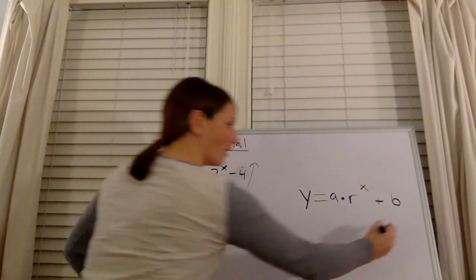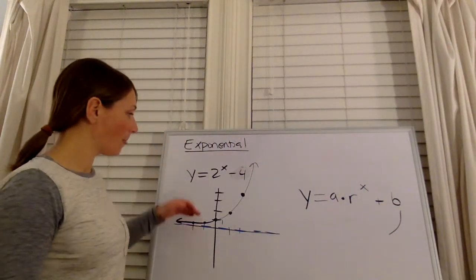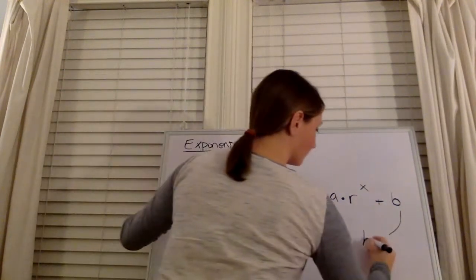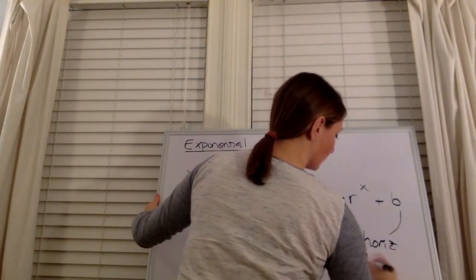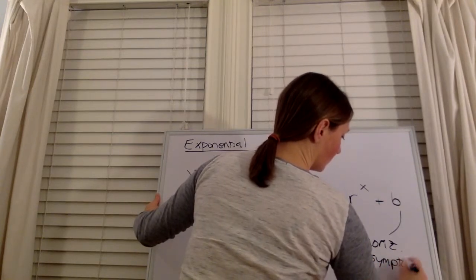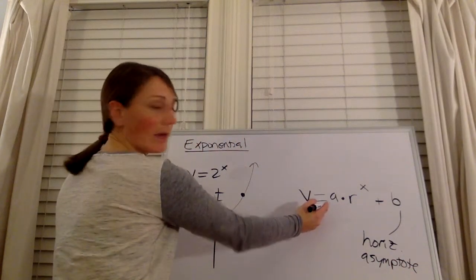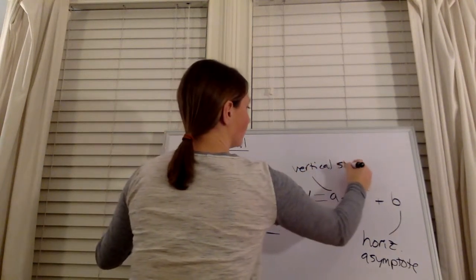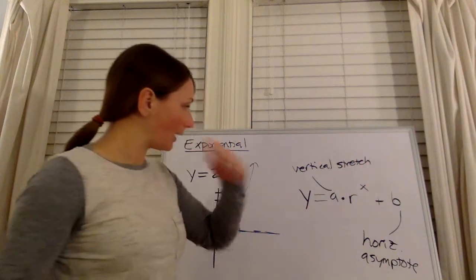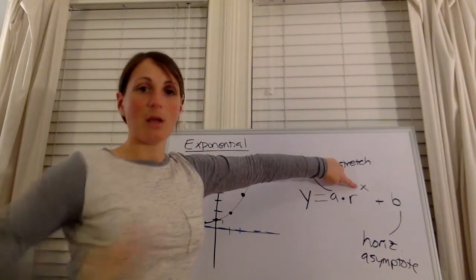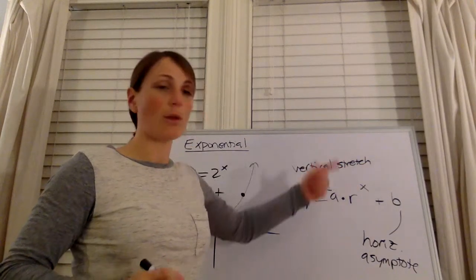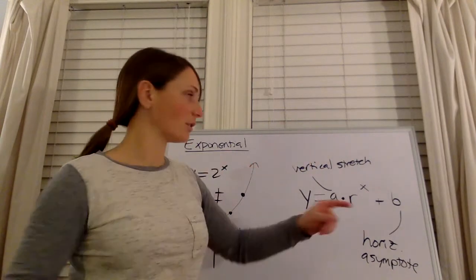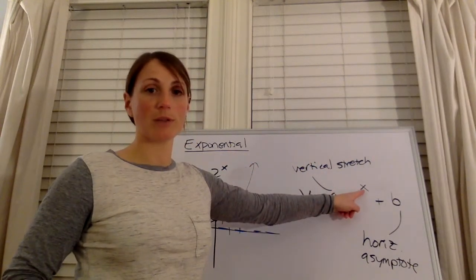So this number b represents the horizontal asymptote of our exponential function, and this value a represents the vertical stretch. And if we alter the inputs in any way, the same rules apply as did for other functions. We can stretch or squish the function horizontally, or we can shift it right or left by altering the exponent right here.